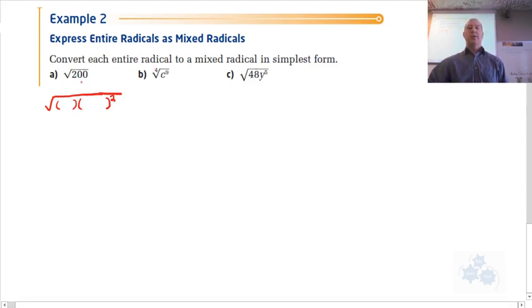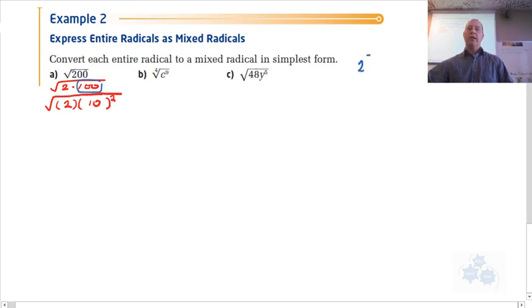So 200 can be written as what? We might even do a step before that. 2 times 100, or 2 times 10 squared. Does everyone see that?